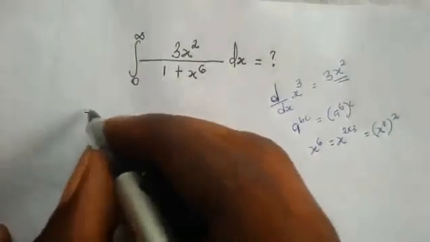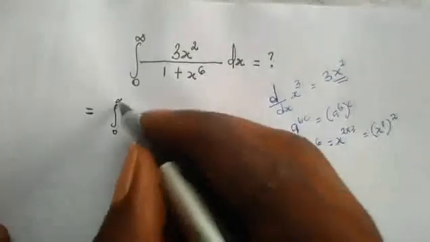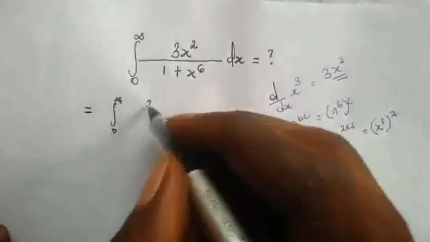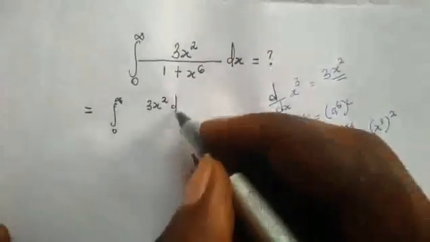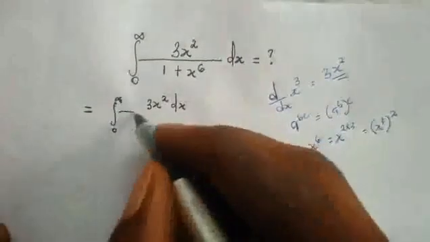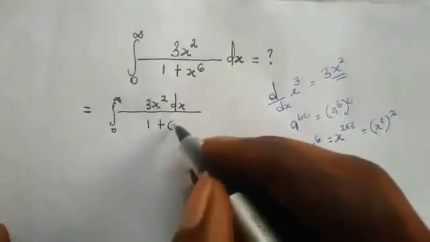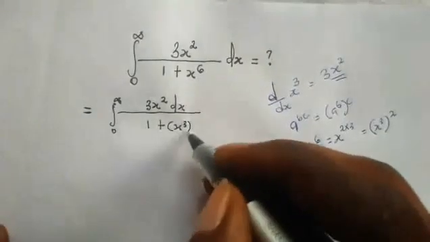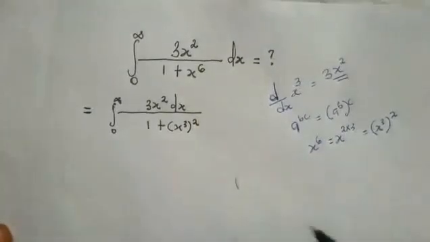Here I'll be writing this integral as follows. Integral from 0 to infinity of 3x raised to the power of 2 dx, then all over, down here we have 1 plus x raised to the power of 3, close bracket, raised to the power of 2, right? Okay, now we can make a substitution here.